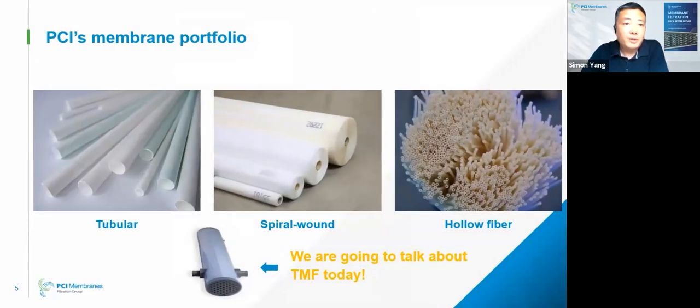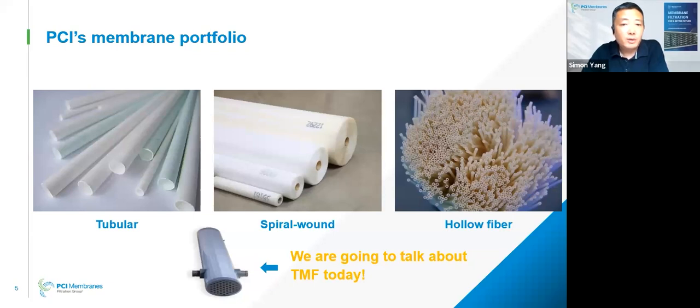Talking about PCI membrane product. PCI membrane specializes in production of tubular membrane, from microfiltration, ultrafiltration, nanofiltration to reverse osmosis. These tubular membranes are widely applied in material separation and water and wastewater treatment.